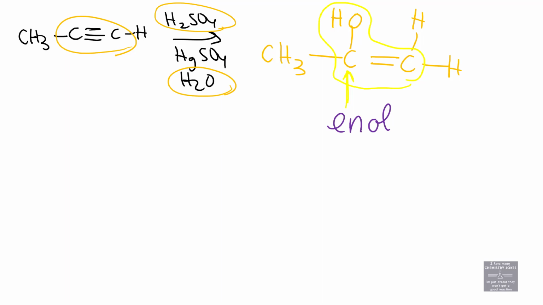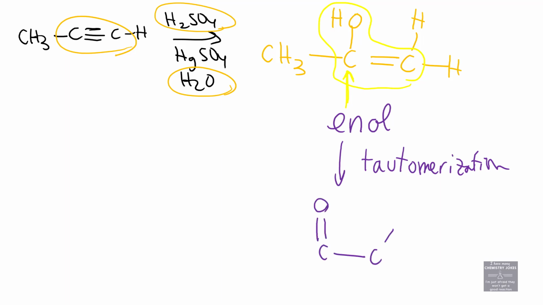And enols are not very stable as enols. They do this fancy process called tautomerization. That enol tautomerizes to become a ketone. Enols tautomerize to make ketones.